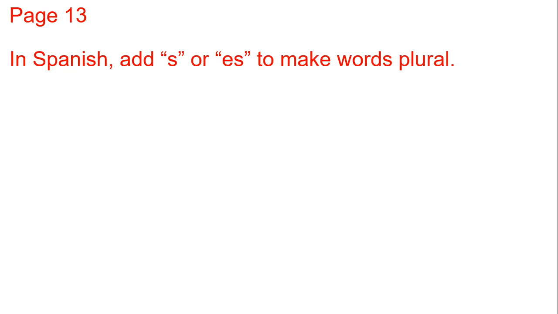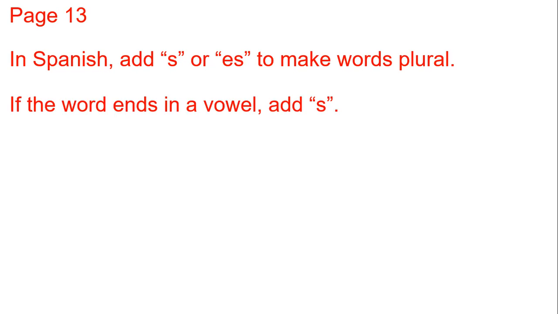In Spanish, we add S or ES to make words plural, just like in English. We either added S or we changed Y to an I and then added ES. So we're going to do that same thing in Spanish, but the reasons for doing S or ES will be different than the rules for English.